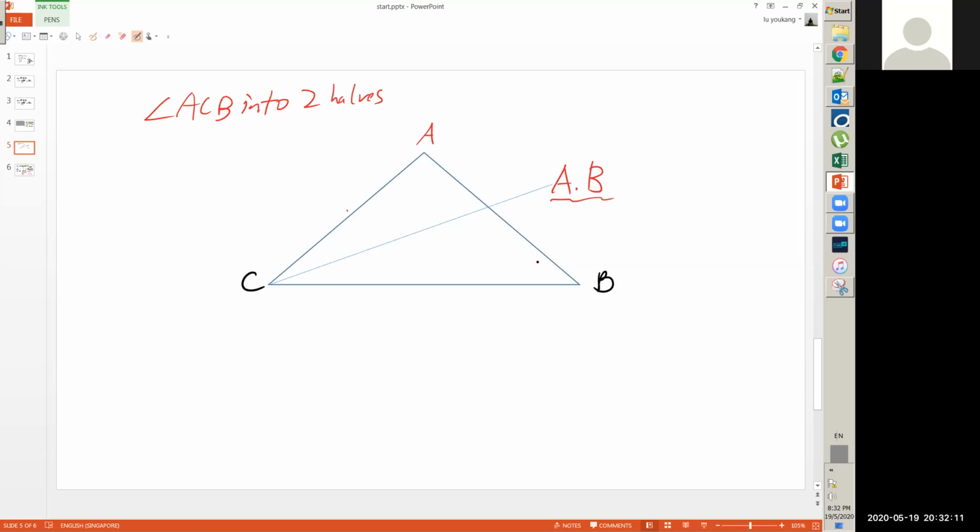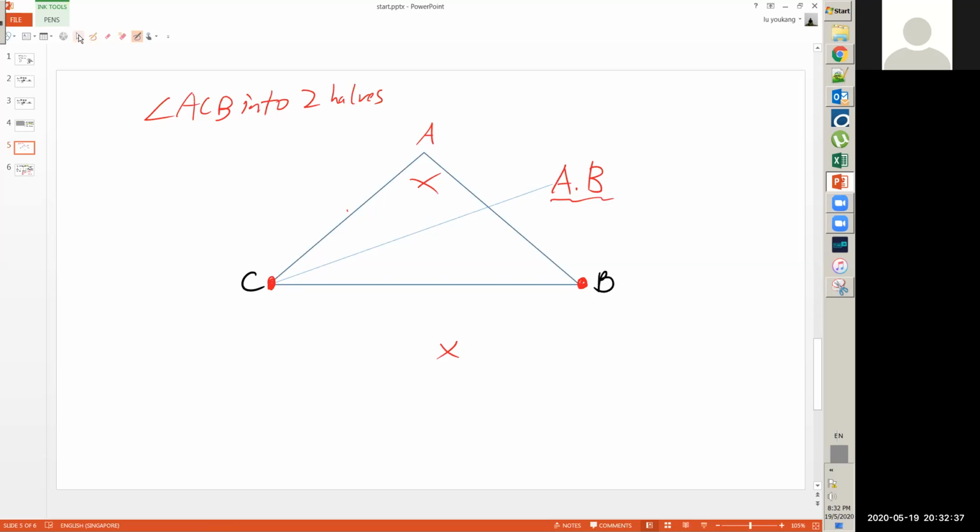Now let's find the perpendicular bisector of BC. It's basically the same thing. You draw an arc with your needle at point C. Now you draw another arc with your needle at point B. So you have another arc, and you just join these two up.